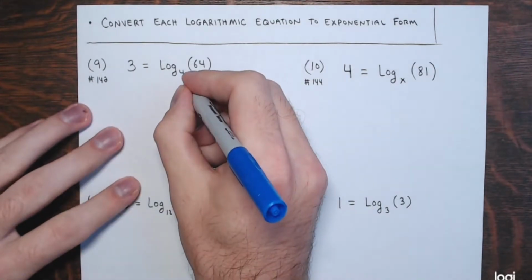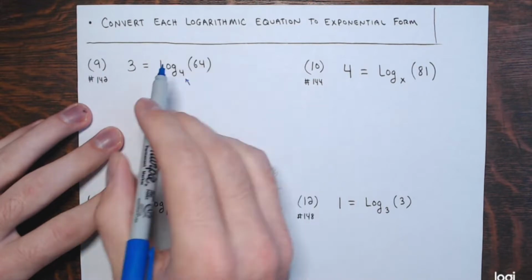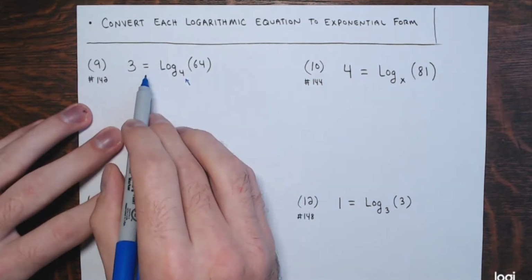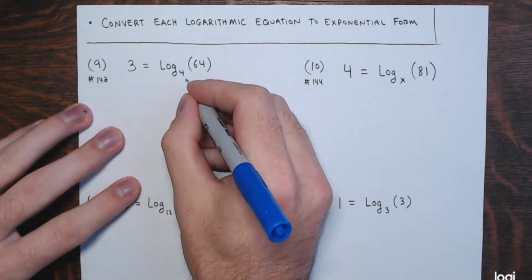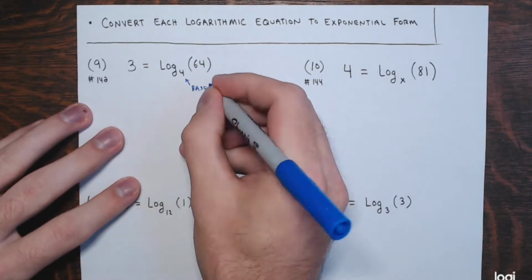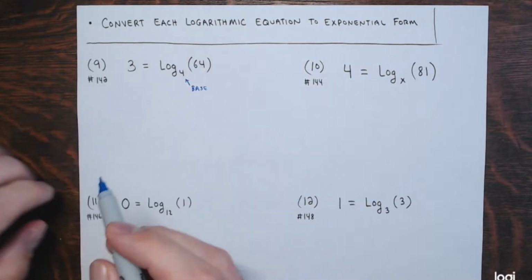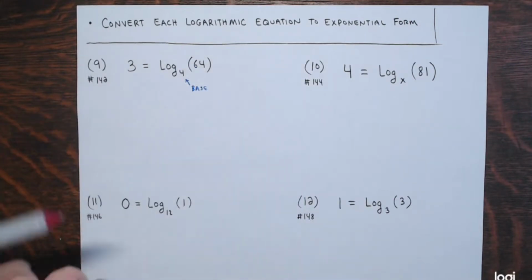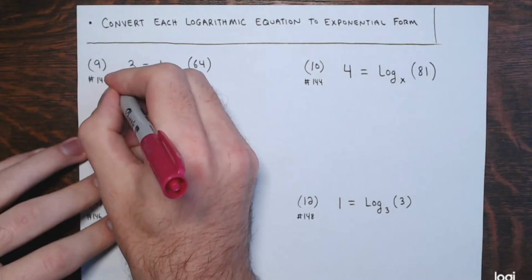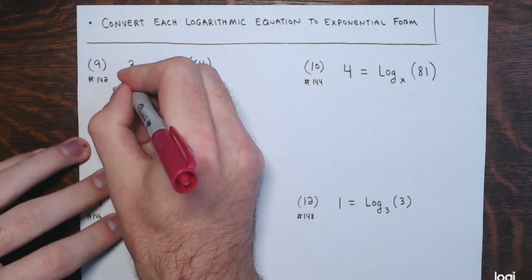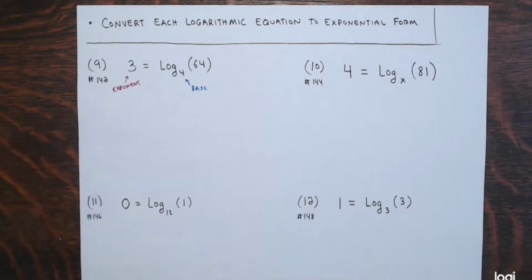Remember, this is the base. Here I have 3 equals the log base 4 of 64. So the base is 4, and what the log is equal to is the exponent. And that's really all you need to know to be able to change it to exponential form pretty quickly.